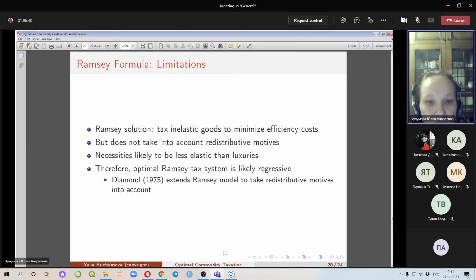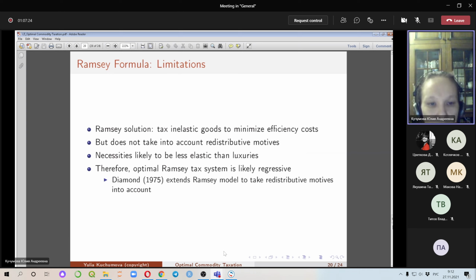Right, because necessities are likely to be less elastic than luxury goods, and this is kind of unfair because usually poor people consume more necessities. But actually, this is not that serious a limitation of the Ramsey model, because we can take this into account relatively simply, and this is what we are going to discuss now.